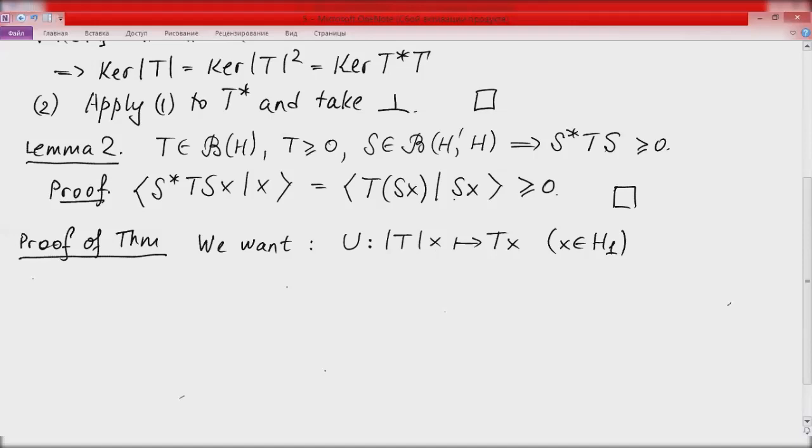So let's calculate the norm of the modulus of Tx squared. So this is the inner product of this vector by itself. Since the modulus of T is self-adjoint, we can write this in the following way.